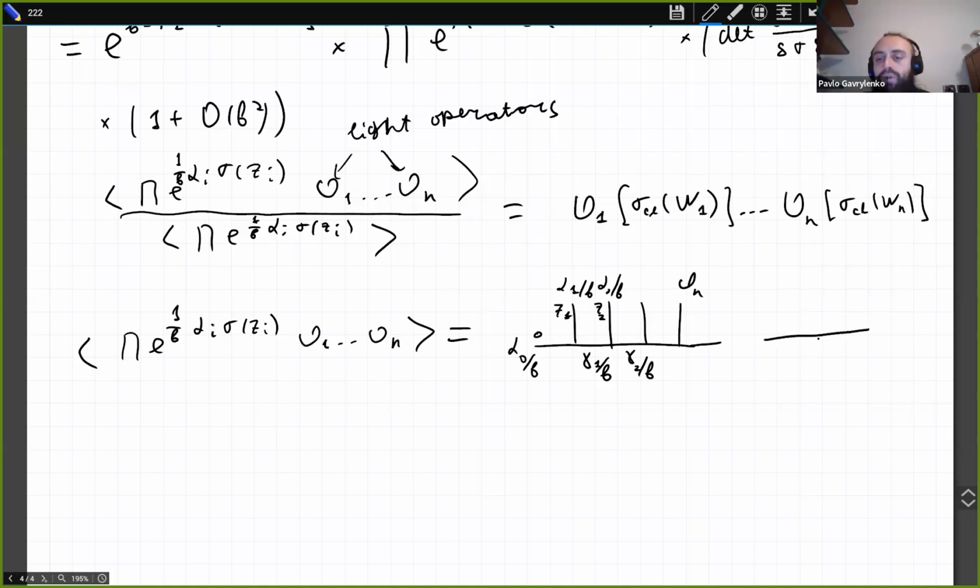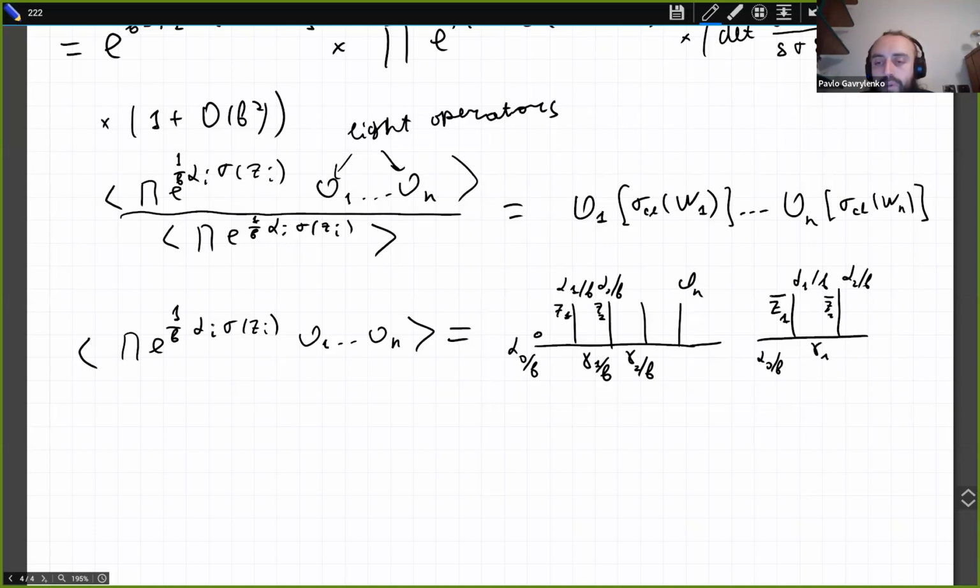Then we have a conformal block of the same kind with anti-holomorphic variables. We think that all these objects are real. So z0, z1 bar with alpha 1 over b, and there is z2 bar with alpha 2 over b.